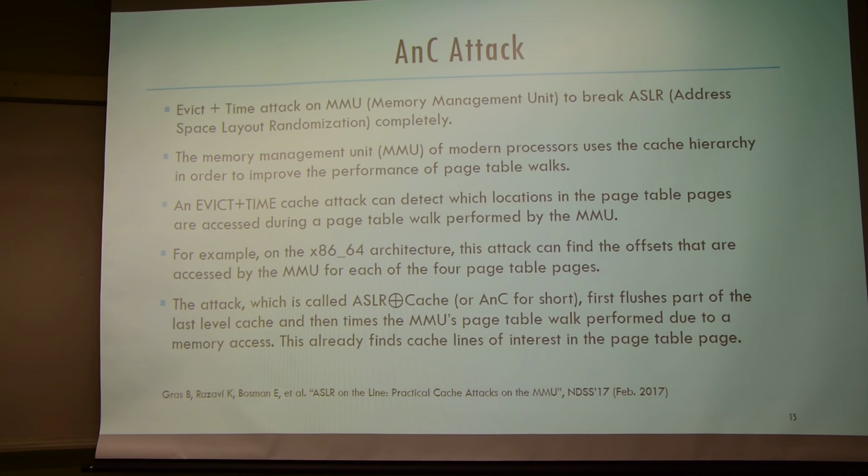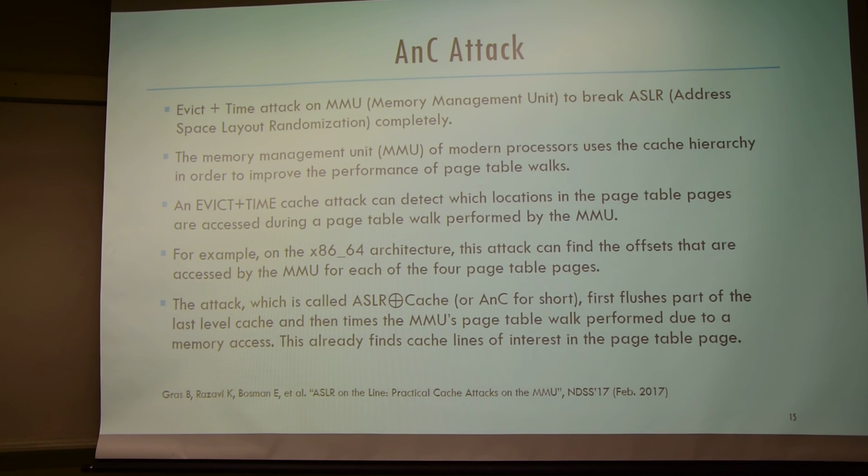For example, on the x86-64 architecture, this attack can find offsets that are accessed by the MMU for each of the 4 page table pages. Remember when Martin talked about SGX? In this architecture, you need 4 memory accesses to figure out the address translation, right?